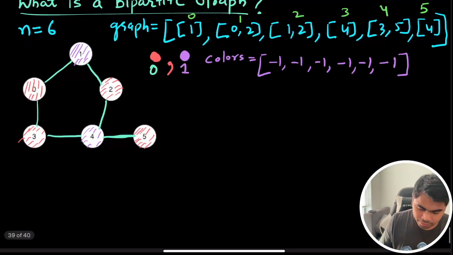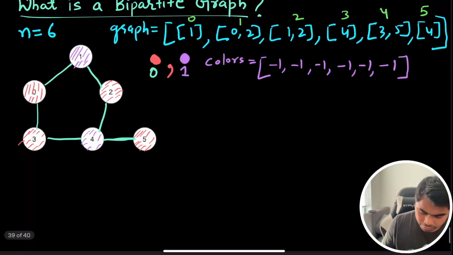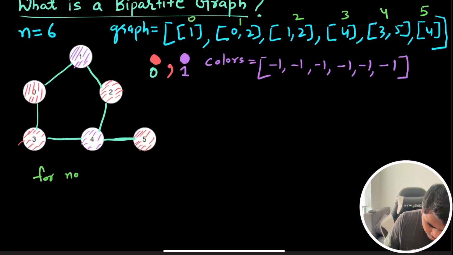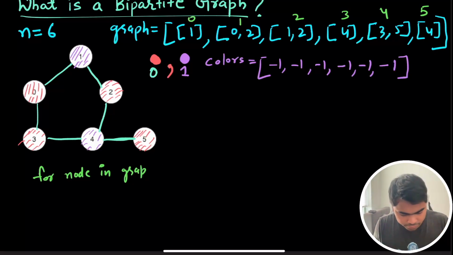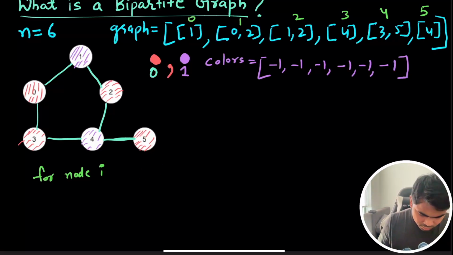And then we will be calling a for loop. That for loop will be visiting each node. So for node in range length graph.